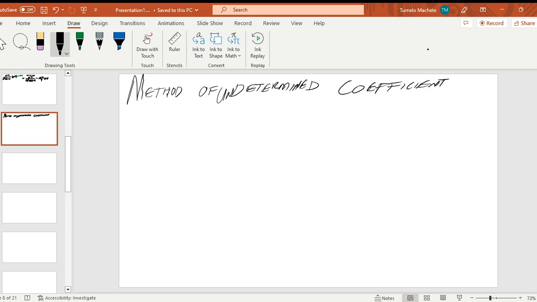Let me give you one example. Let's say you've got d squared y over dx squared plus 3 dy over dx plus 2y, equated to 4x squared.